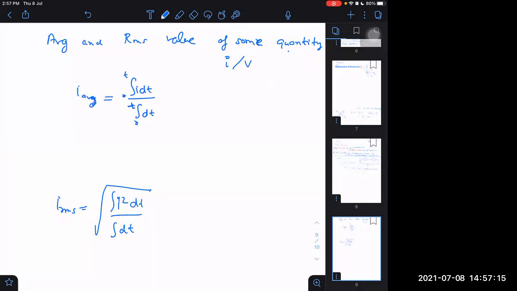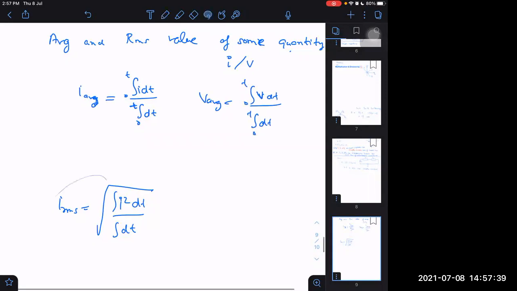RMS value later on, first average only. Similarly, what is V average? Voltage average will be the integral of V dt upon the integral of dt, 0 to t. Not V in the denominator; the denominator does not have V.